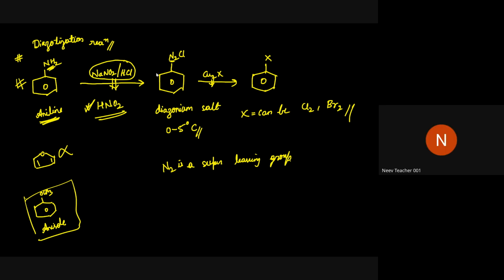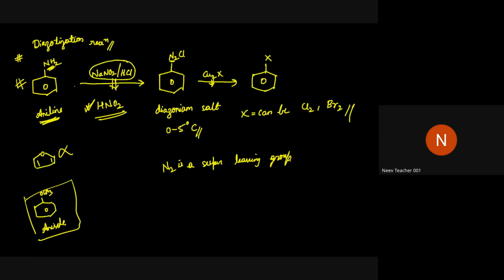Okay. So then how do we prepare iodobenzene or fluorobenzene, if I cannot use Cl2, F2 or I2? For that we use a separate reagent.